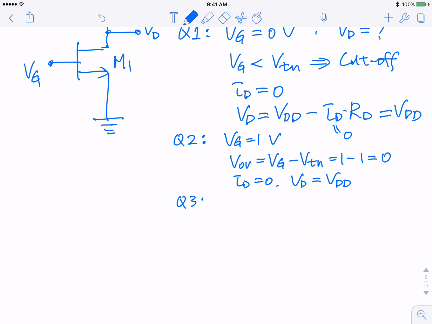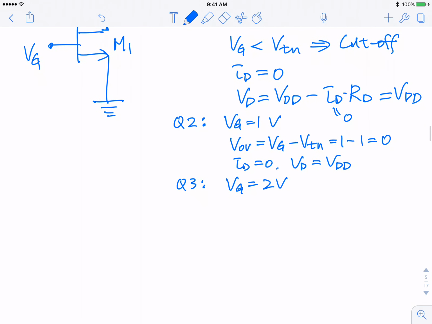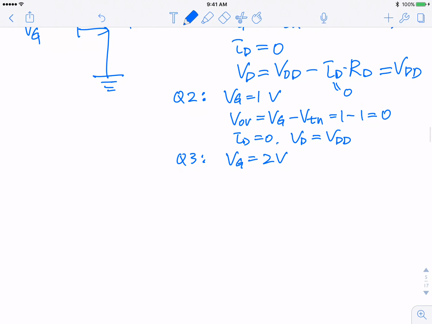So next question: we increase that to 2 volt. What happened? The transistor turns on, since it's greater than threshold. We don't know whether the transistor is in saturation or triode. So the solution process is always a two-step process. We assume M1 is in saturation.